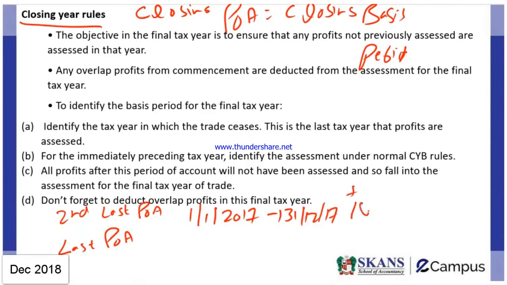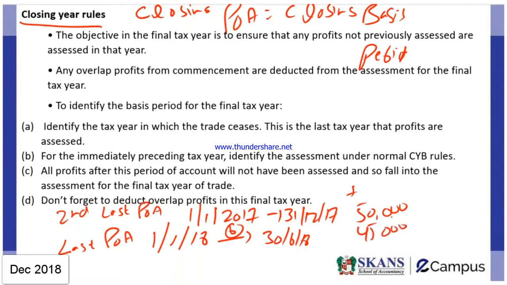The tax adjusted trading profit is, to make the example simple, say 50,000. The last period is from January 2018 to 30th June 2018, of 6 months. And the profit is 45,000. And in the question, it was mentioned that there are overlap profits of 10,000 from the start of the year when opening year rules were applied. Now, how are these profits assessed?